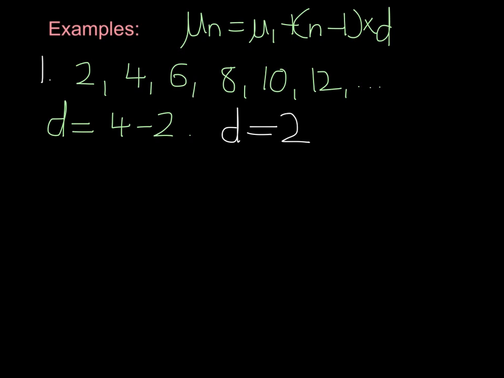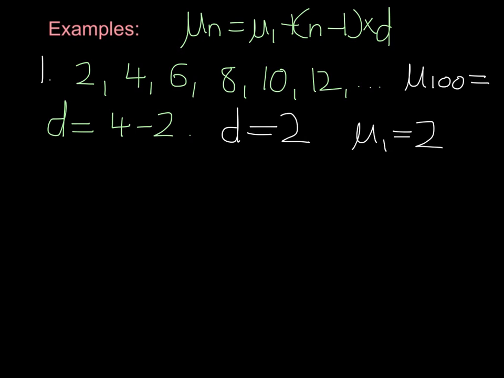Now we know that u1 equals 2. But what if we want to find u100? It would take us long to use the calculator for this exercise by adding 12 plus 2, 14 plus 2, and so on.